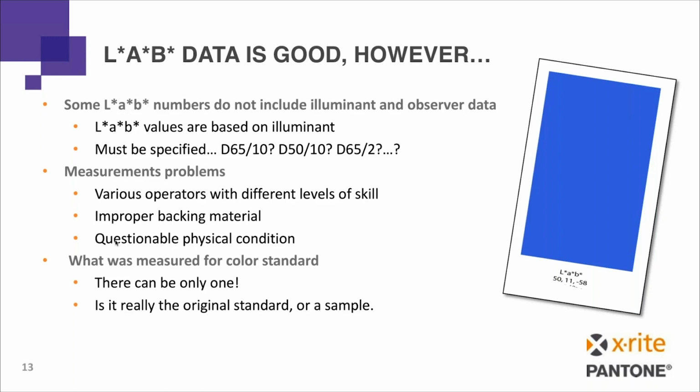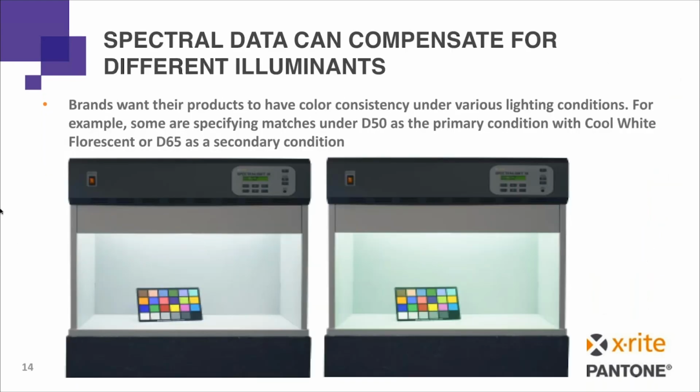Did they measure values as an average across that sample, or did they measure a single value from a damaged area or a particularly good area? We don't know. The standard, was it actually the original color standard that was accepted by the customer, or was it some version that was created after? So, where did this data come from? There are a lot of questions around LAB data and the source of it.